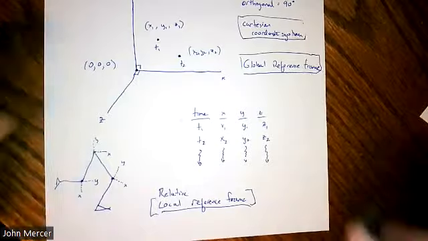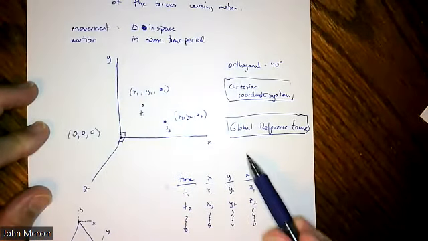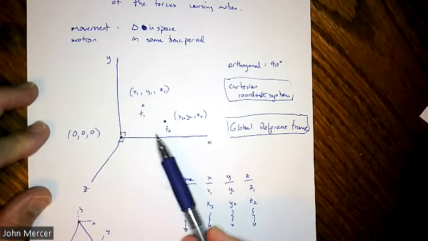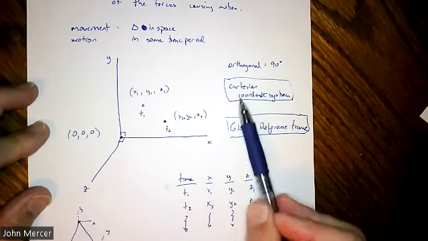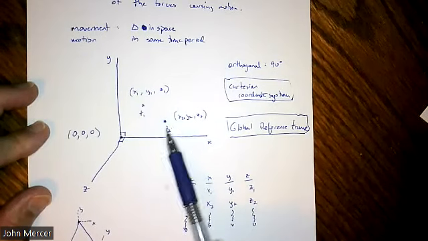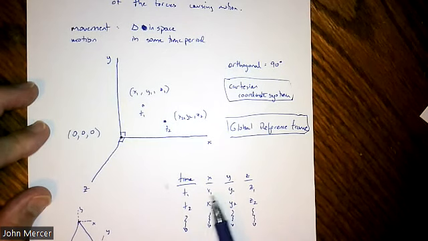But for the most part, most of our kinematic work will be done with a global reference frame, meaning it's not going to move. And we're going to have three axes that are at 90 degrees of each other, which is a Cartesian coordinate system. And then we track that object in space and then create a database of values where at time 1, we know the position of that object.